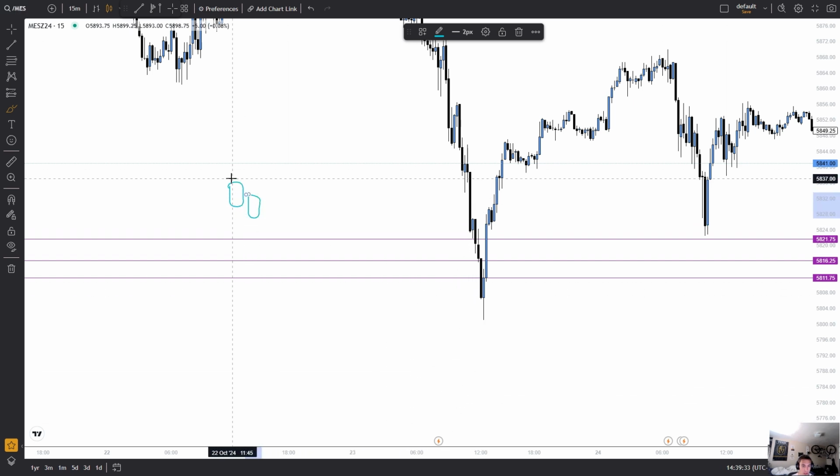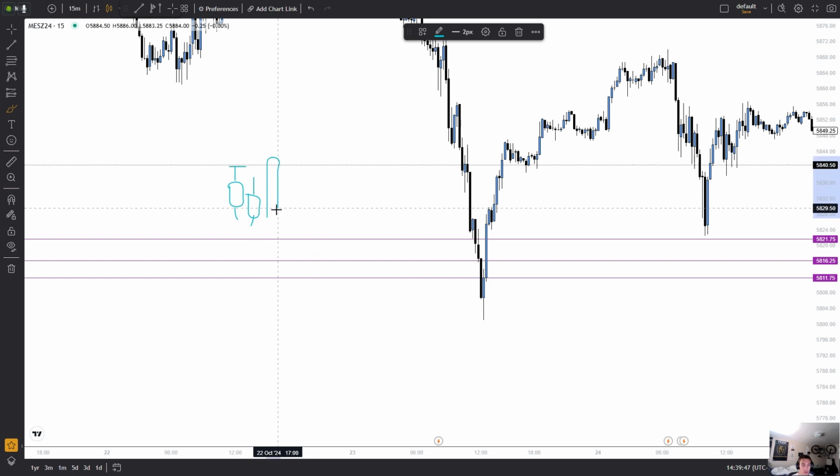This candle is black, it's a down candle. So up, then down. This one is black, this one makes a new high. Then when we get a candle move above here that closes above this high right here, that is considered a break of structure. We have a break of structure to the upside.